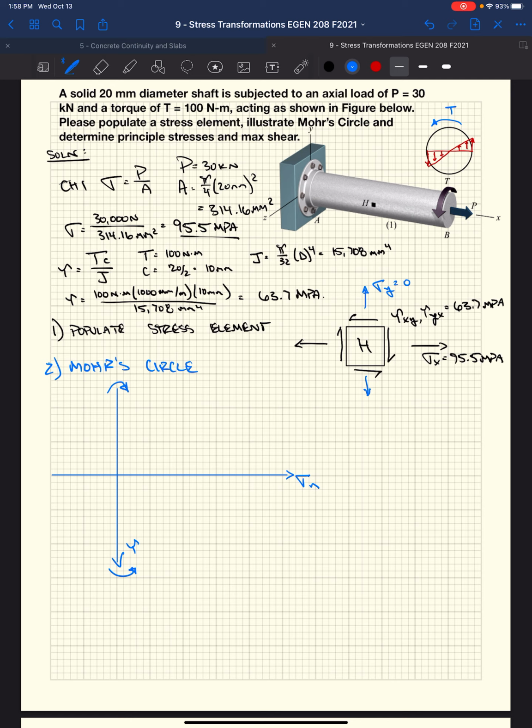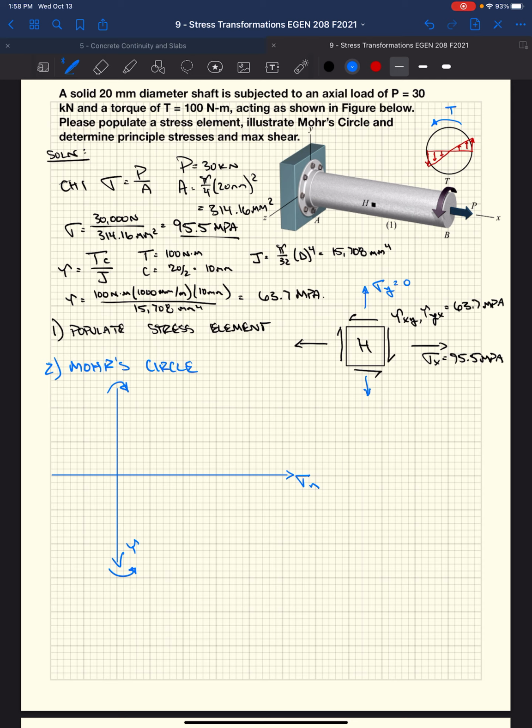So now we need to plot our two coordinates, right? We've got these coordinates from this initial stress state that we developed. We've got our coordinates on the x face. Well, in this case, we've got a normal stress of 95.5 and a shear stress of 63.7. So we essentially need to figure out where we're going to say that is.